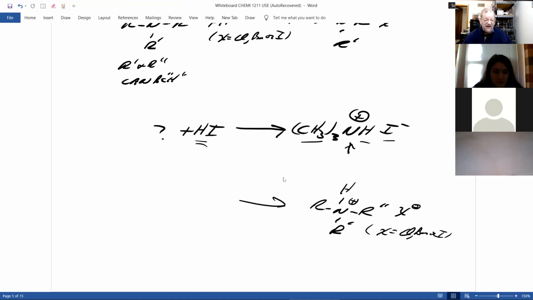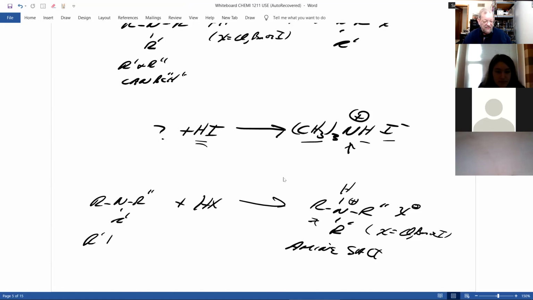Notice this is HX. What do you react with HX to make this amine salt? You react a tertiary or whatever amine, primary, secondary, tertiary. Remember, R prime and R double prime can be hydrogen.